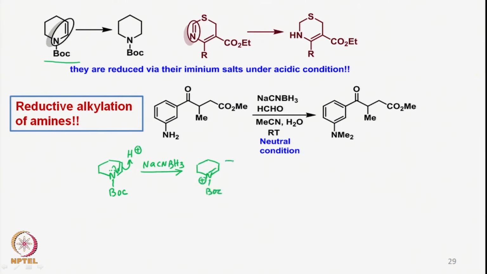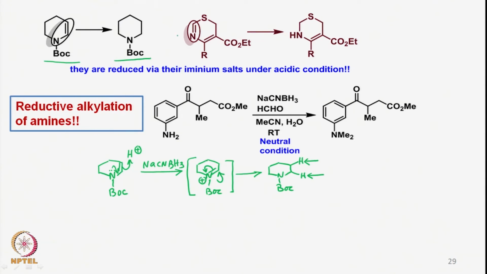This is the intermediate that will form, which then gets reduced under the conditions, with the reduction taking place at this center. This particular hydrogen is coming from the acid, and this particular hydrogen is coming from the sodium cyanoborohydride, and that is how we get the saturation of the double bond.